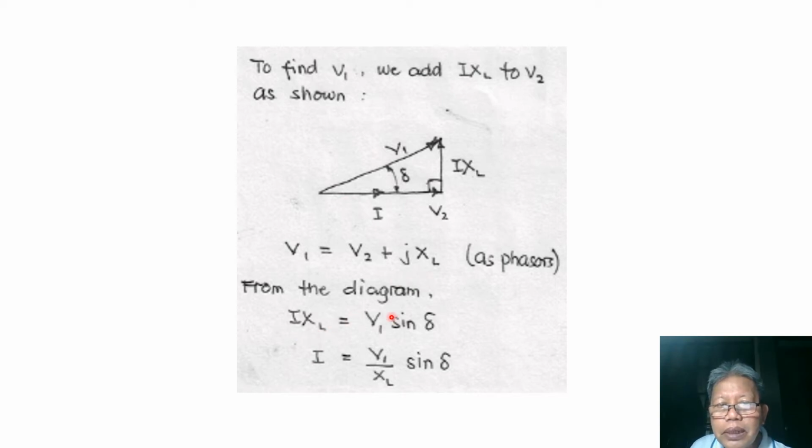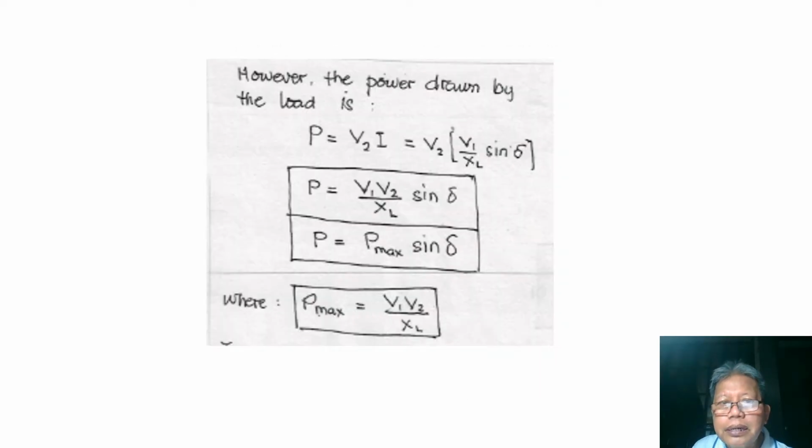So from the diagram, we see that our IXL here would just be equal to the hypotenuse V1 times the sine of the angle delta, so V1 sine delta. Or solving for I, this would be equal to V1 over XL times sine delta.